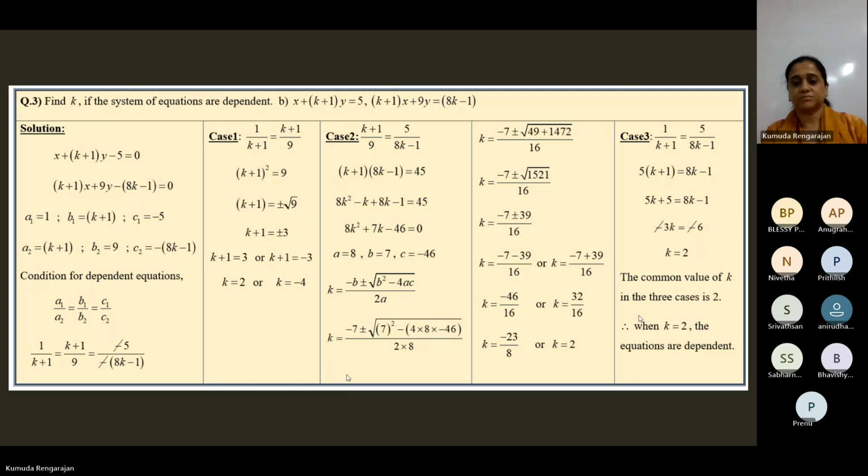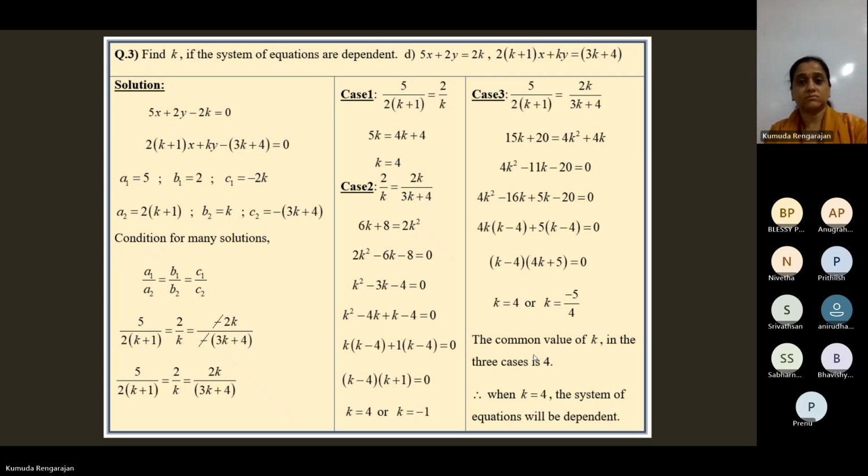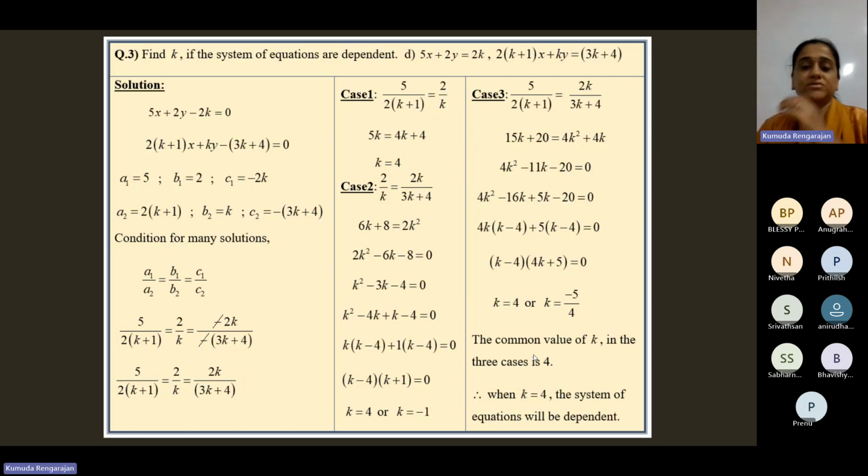I remember. Soon after that, just see if we have done this one. Okay, then we can try to do this now. Find k if the system of equations are dependent.